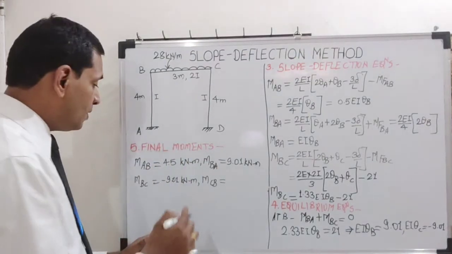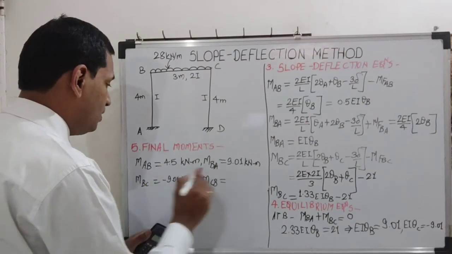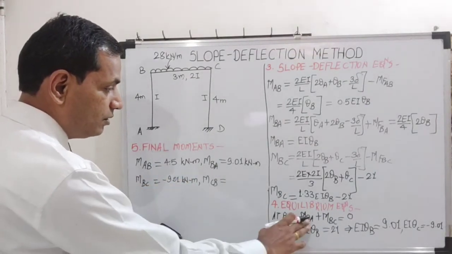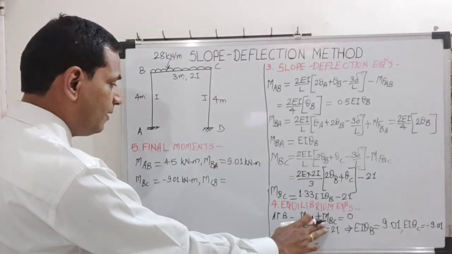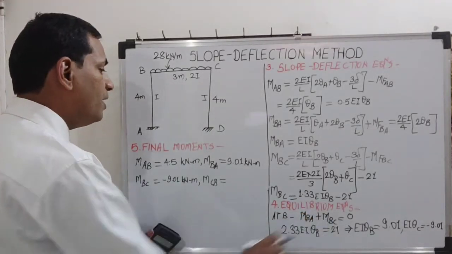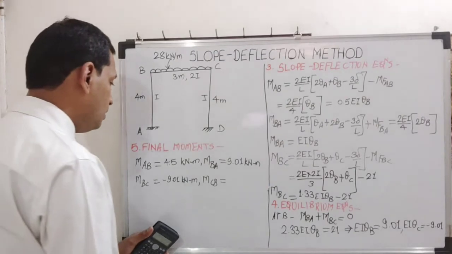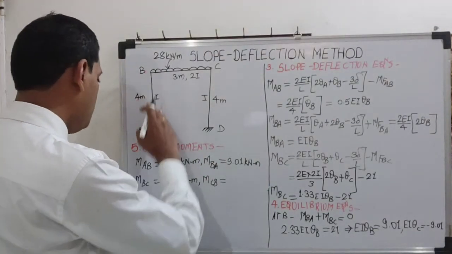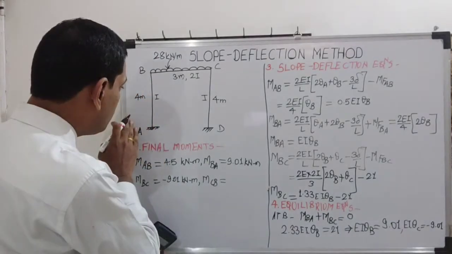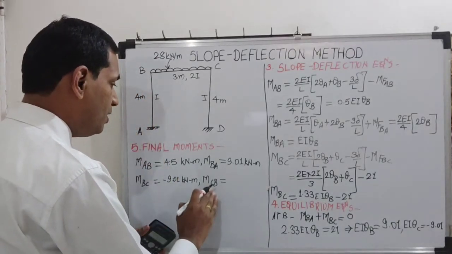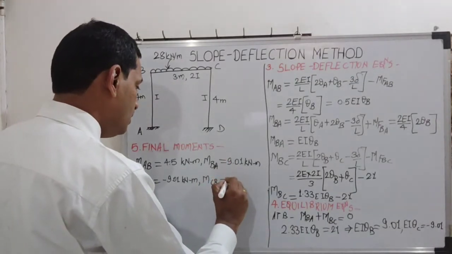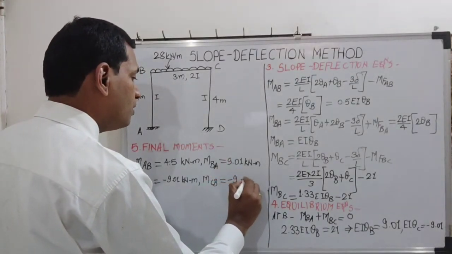MCB will be equal and opposite of MBC, because MBA plus MBC has to be 0 here. So from this, MCB has to be equal and opposite of MBA. Okay, so it is minus 9.01.